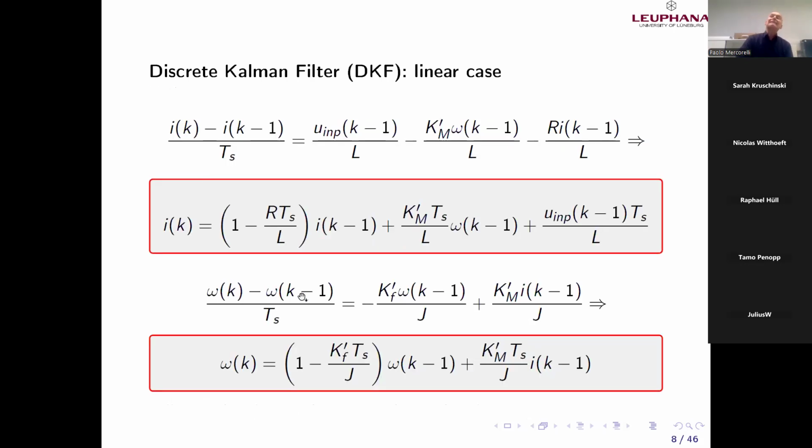Look here: if Ts is equal to 0, we have ik equal to ik minus 1. I destroy the dynamics. I don't see a difference between present and past. This means I cannot predict or describe what happens.